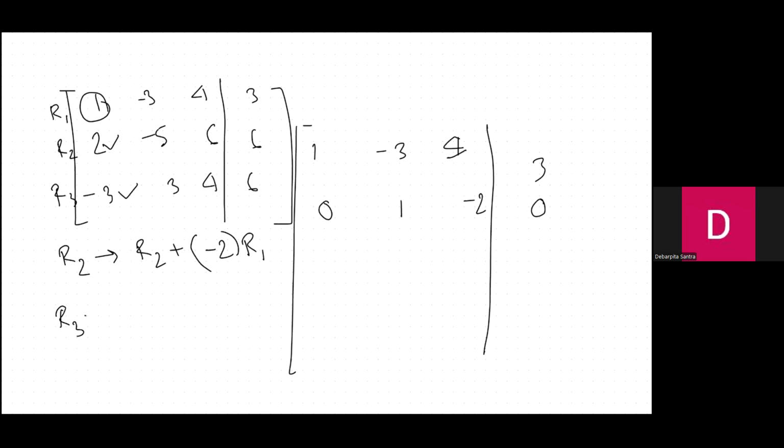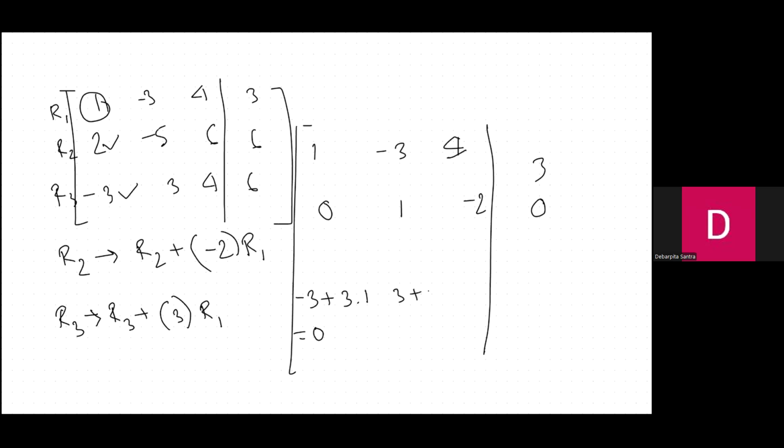R3 is equal to R3 plus, this is minus 3, so we write the opposite sign. So it is 3 into R1. Minus 3 plus 3 into R1 means 1, so it is 0.